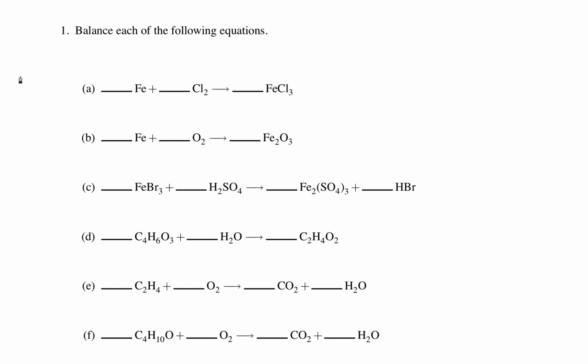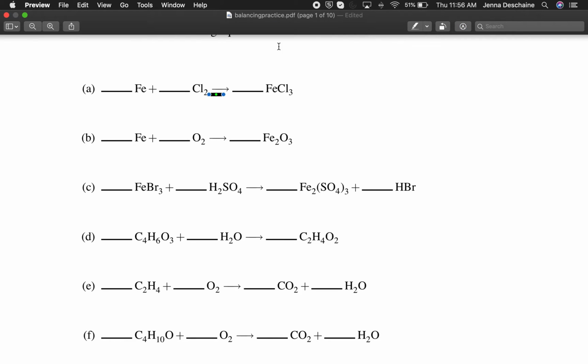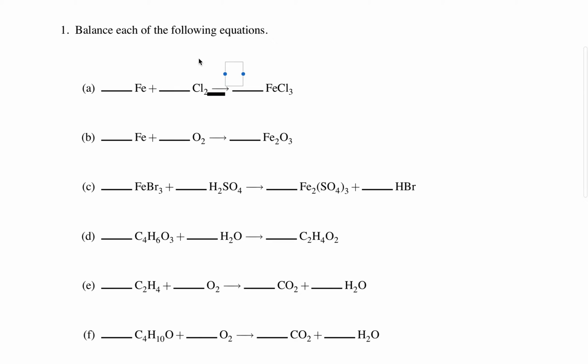So remember, the reason why we want to balance chemical equations is because we want an equal amount of atoms on both sides of this arrow right here. Sorry, I'm doing this on my computer, not my iPad, so it's a little confusing.